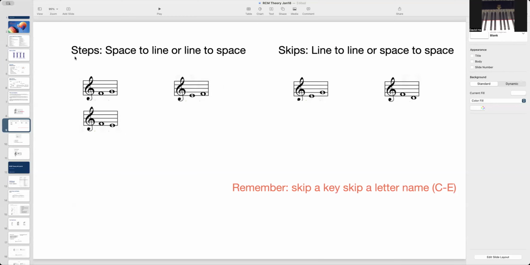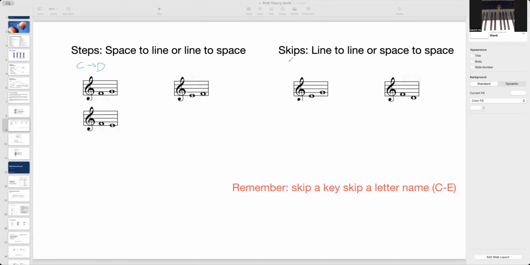Okay, step means, in the white keys, one by one. From C to D, that's a step. I'll give you this example. From C, from Do to Re, or from C to D, it's a step.